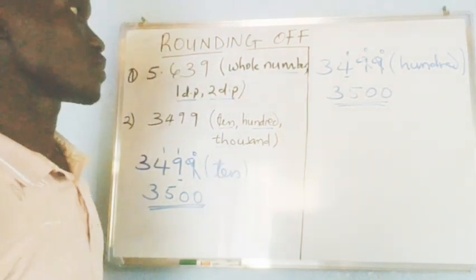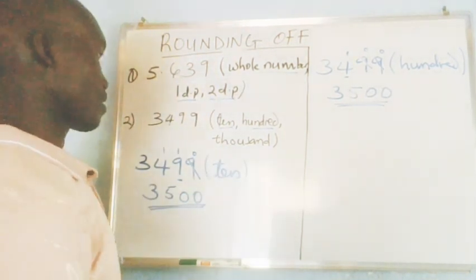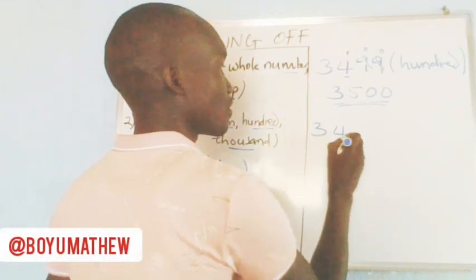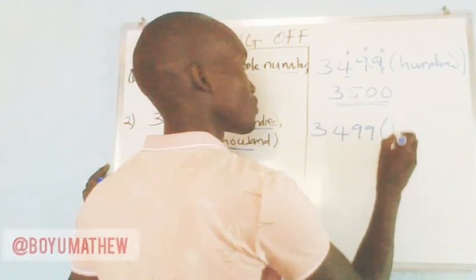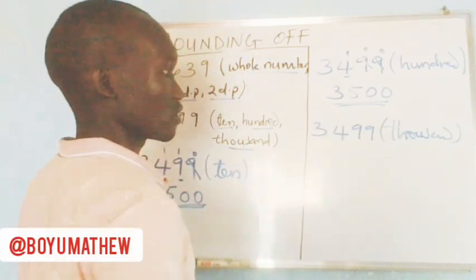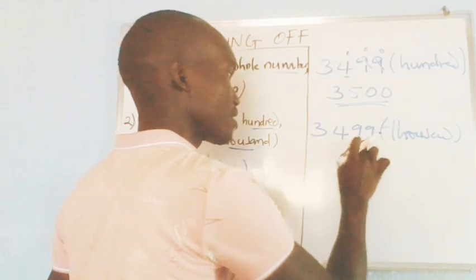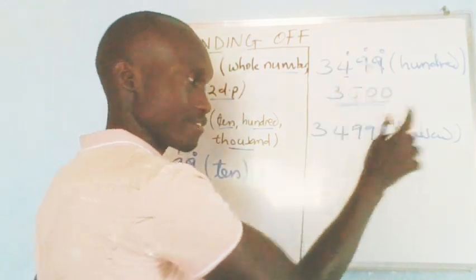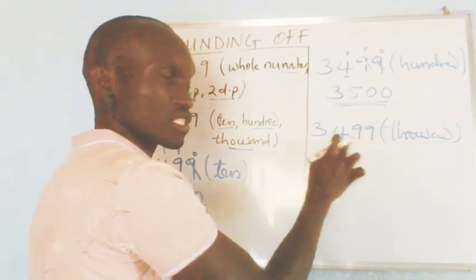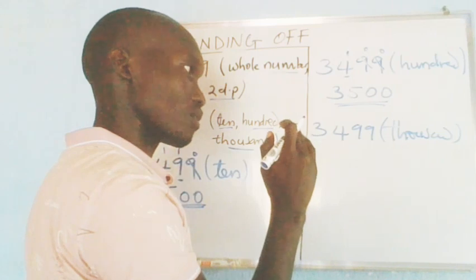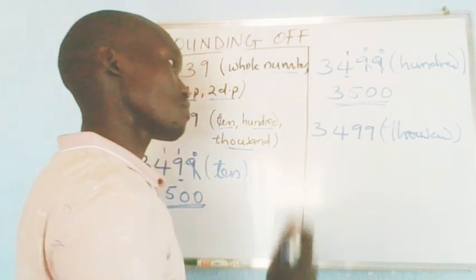Let's look at this number to the nearest 1000. To the nearest 1000, we're going to have 3499. This is 1, this is 10, this is 100, this is 1000. Then we'll look to the number which is on the right of 3, which is 4. Then you ask yourself, is 4 greater than or equal to 5, or is it below 5?